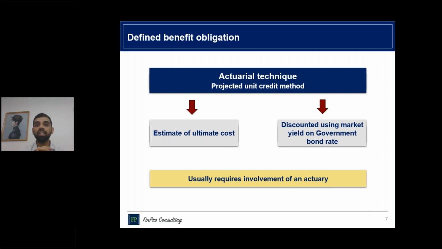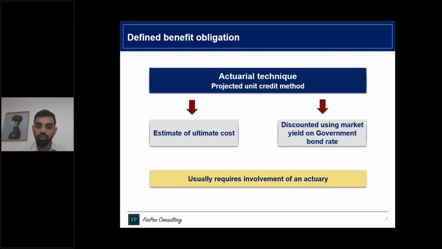So let's say 10 years is the remaining service life of the employees of that organization. Then generally I will consider the bond which has a tenure of 10 years until expiry. So I need to consider two factors. One is the underlying currency in which the liability is going to settle. And second is the average remaining service life, to choose the discount rate of a particular government bond.